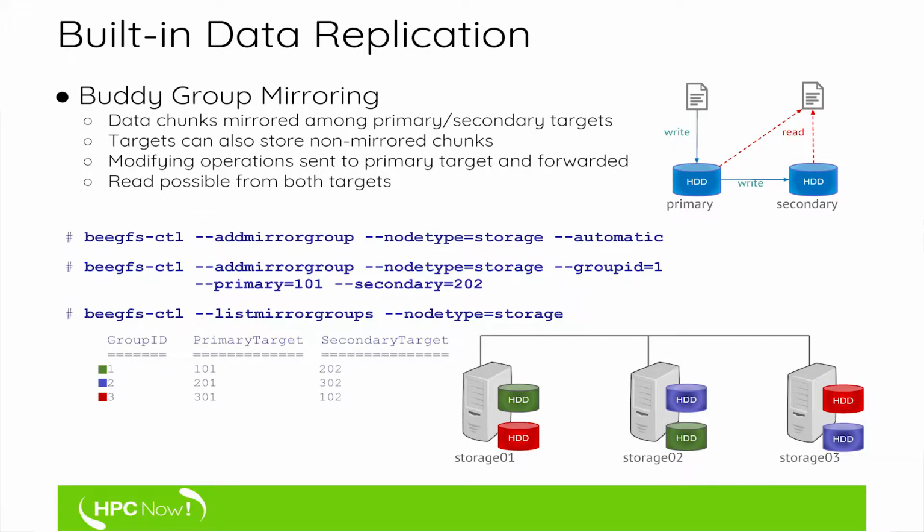So let's talk about data replication. We would define, in this case, buddy group mirroring. We have a buddy A that we define as primary, and then we define another one as secondary. That means, as we'll see more specifically later, that if we want to write data, we write it first to the primary, and then we send the data to the secondary.